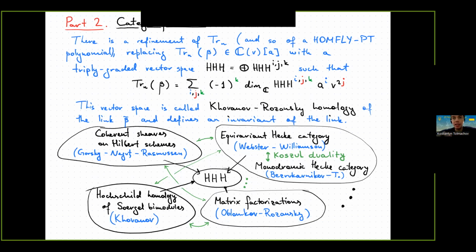And these two settings are related by what is known as Koszul duality for Hecke categories. And so in different settings, you can see different features of this link homology theory.